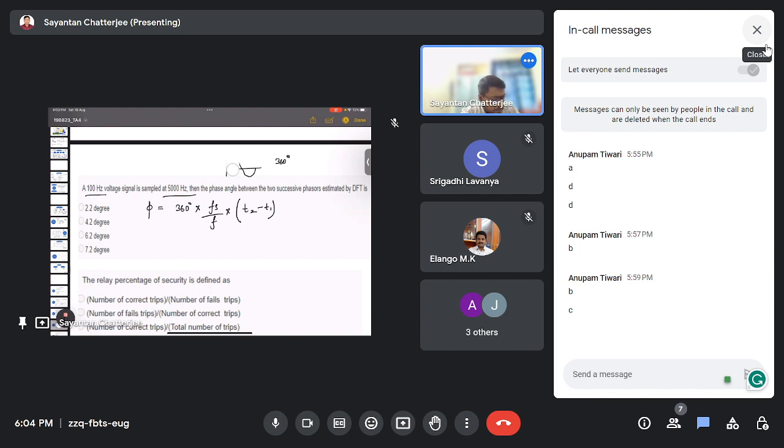If sampling is done at this point of time, and the sampling frequency is 5000 hertz, then T2 minus T1 means the time period between two samples. So T2 minus T1 is 1 by 5000.